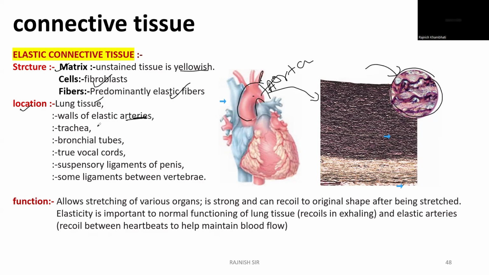Then the walls of elastic arteries, the trachea, bronchial tubes, vocal cords, the suspensory ligament of the penis, and some ligaments between the vertebrae. So these are the locations where you can find elastic connective tissue, the places where elasticity is required.